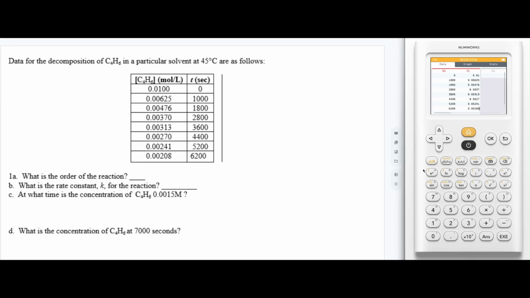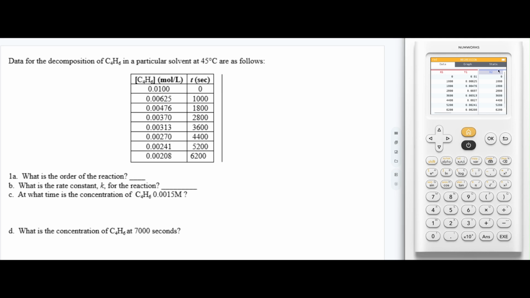Now, to figure out the order of the reaction, we are going to have to see first the natural log of the concentration, and then finally 1 over the concentration to see which value is linear. So to do this, first let's go over to our next column, X2, and now we have to plug in our time value. An easy way to do this is highlight X2, press OK, then fill with the formula, then empty, and just press Alpha Shift X1.